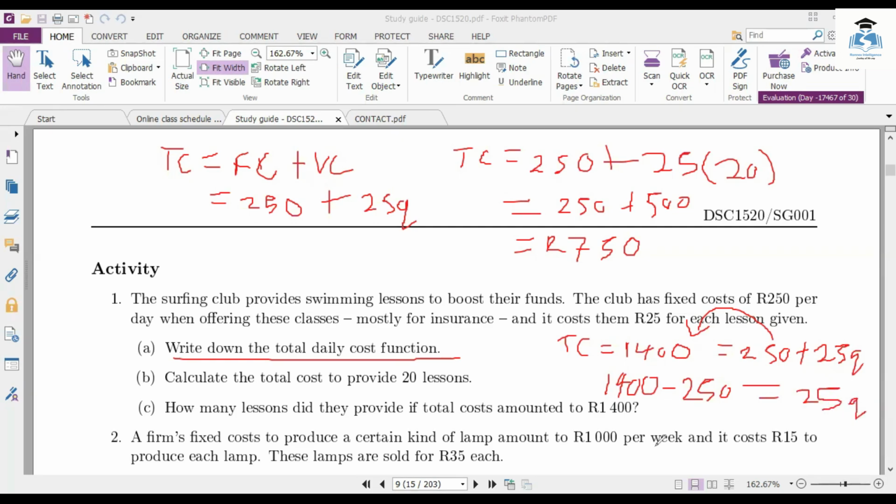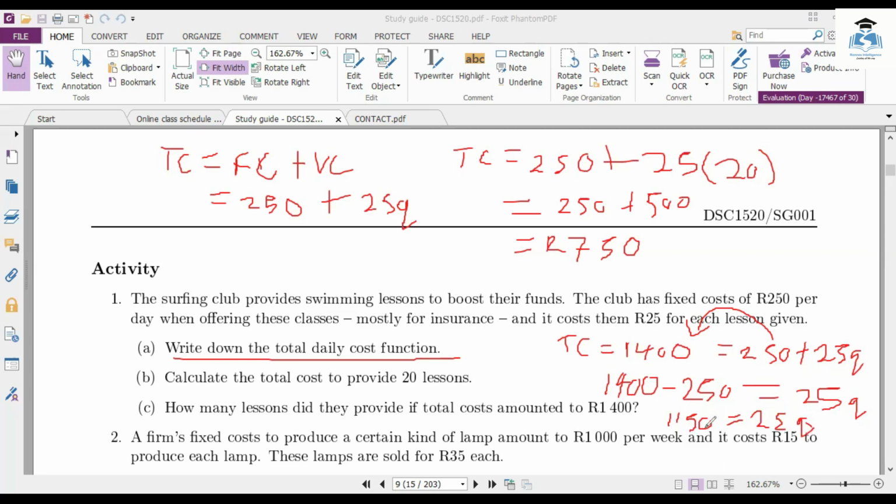All right. So this one, what do we get? 1,150 equals to 25Q. So how then?